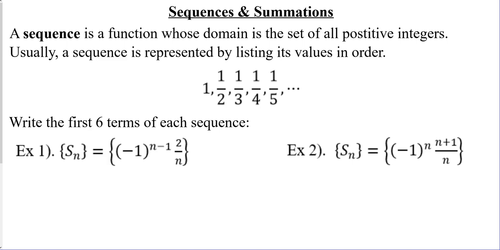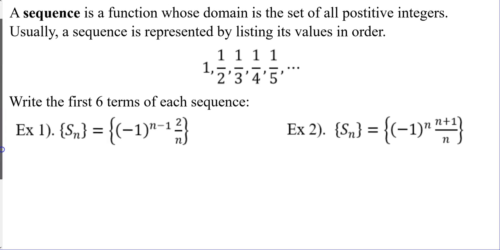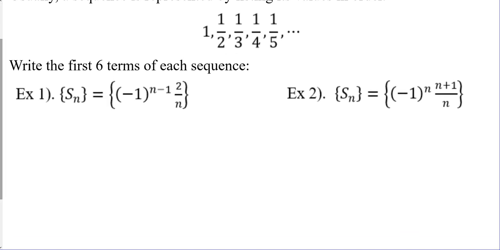So we want to write the first 6 terms of each sequence. This is defined as s sub n equals -1 to the power of n minus 1 over 2 minus n. So the first term I would want to find would be s sub 1. You can see there that the n value is now replaced with 1.